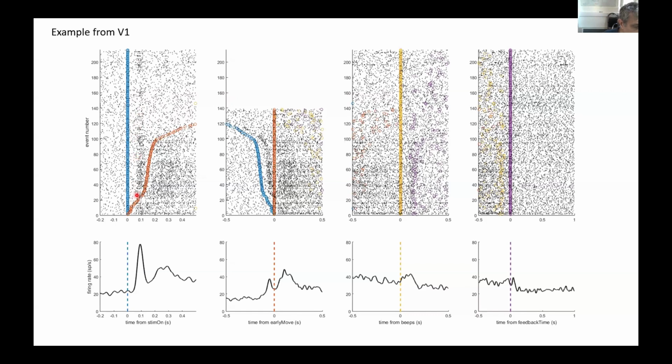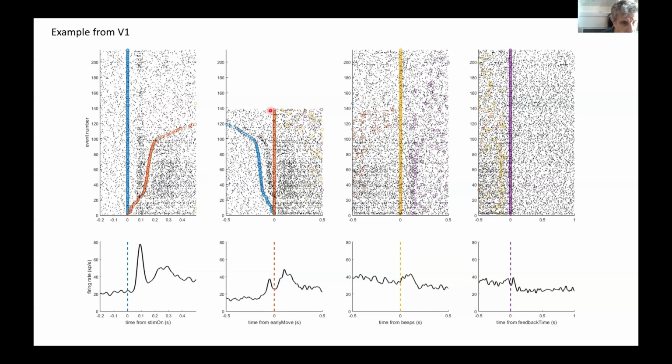And if you sum them to make a peristimulus time histogram, which is the probability of a spike per unit time relative to this moment, you see a nice spike at this moment, and that means there probably is a stimulus response. And you can tell that it's a genuine stimulus response because it's at the same latency to the stimulus, regardless of when the movement happened.